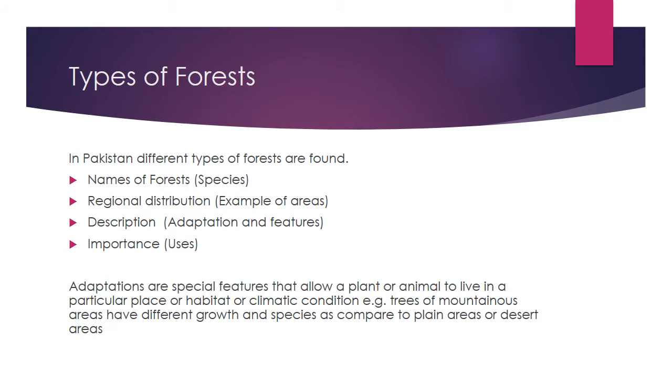Adaptation also means how these forests survive in specific climatic conditions, how they bear severe climatic conditions or a specific amount of precipitation or desert conditions. This adaptation gives a specific feature to these forests.